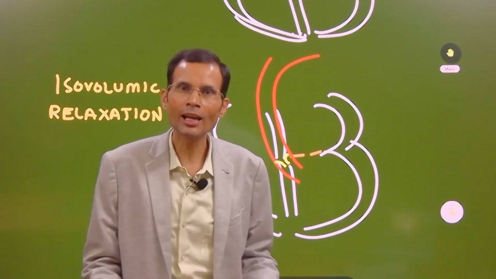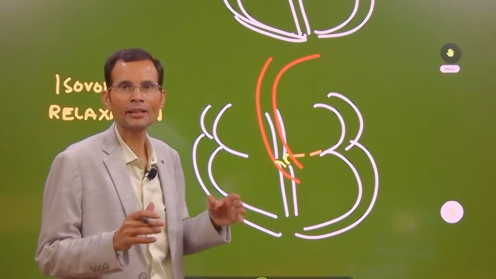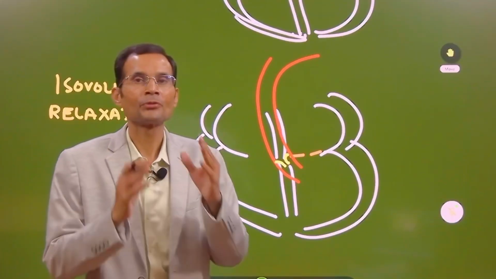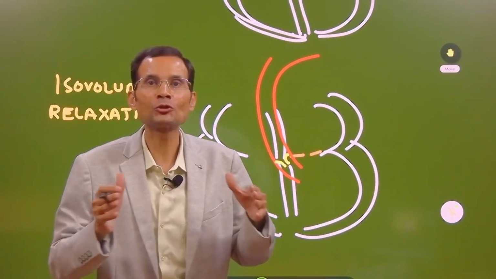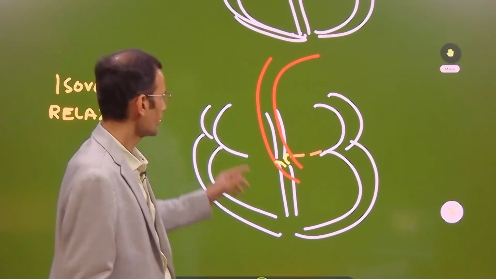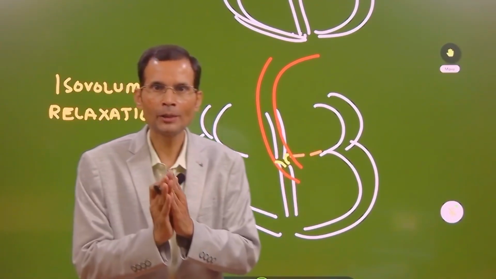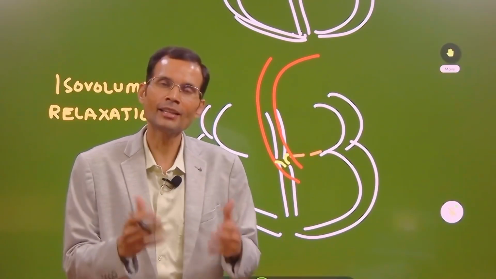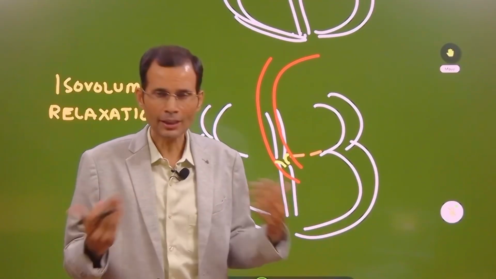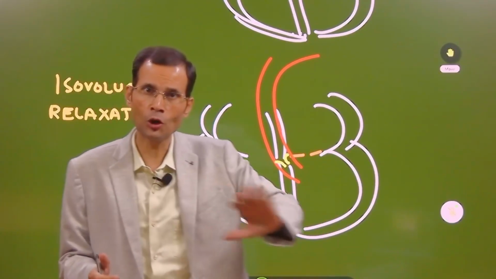Regurgitation of blood will happen again in the isovolumic relaxation, which means the ventricle will not remain isovolumic, isn't it? These two valves should be closed and ventricle is relaxing. That is isovolumic relaxation. It cannot receive blood from anywhere. That is normally.